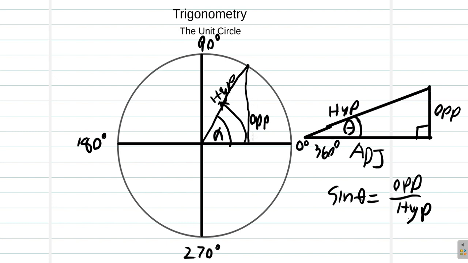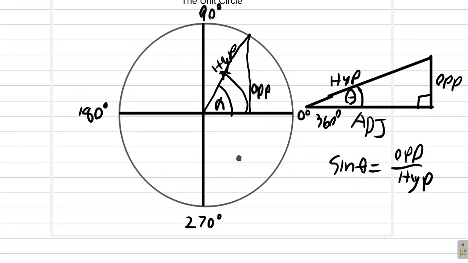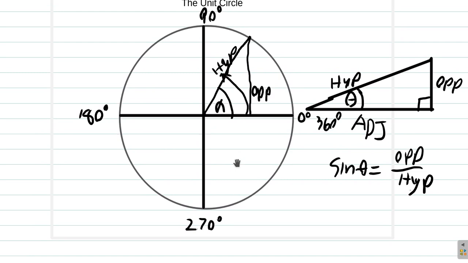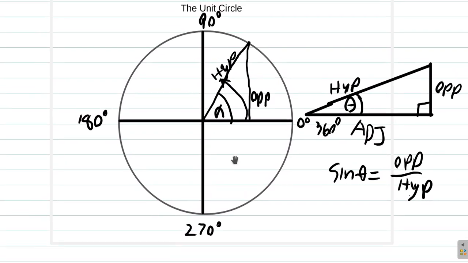It's going to be some number, the length of the opposite over the length of the hypotenuse. That is what it is going to be equal to. But you are going to see that there's another angle that will give you the same value if you find the sine of that angle.